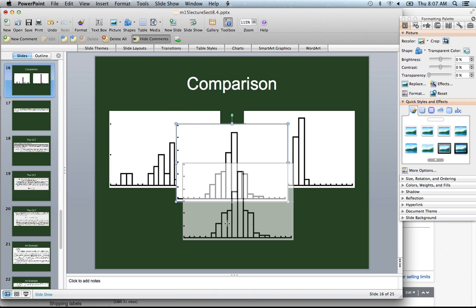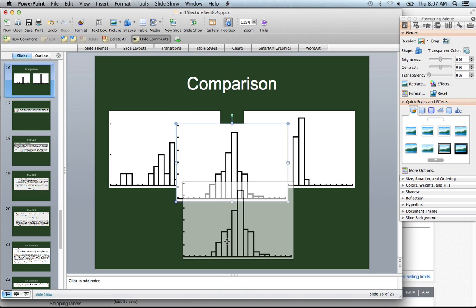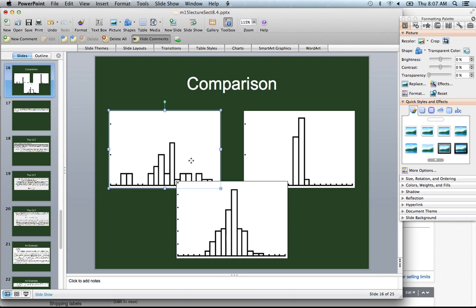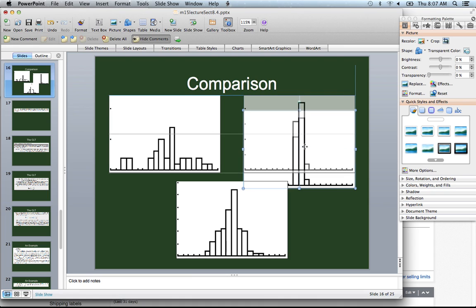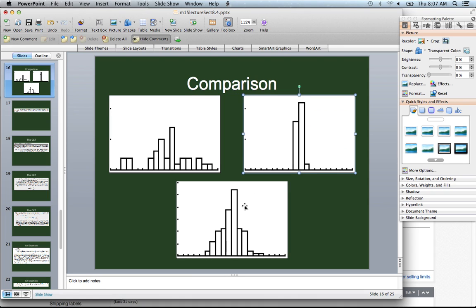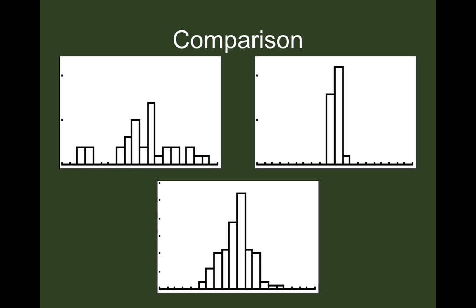Okay, so specifically now, the two above here, these two graphs are comparable because they have the same scaling on their axis. And then the one down below, I've modified the axis a little bit. So let's talk about this.